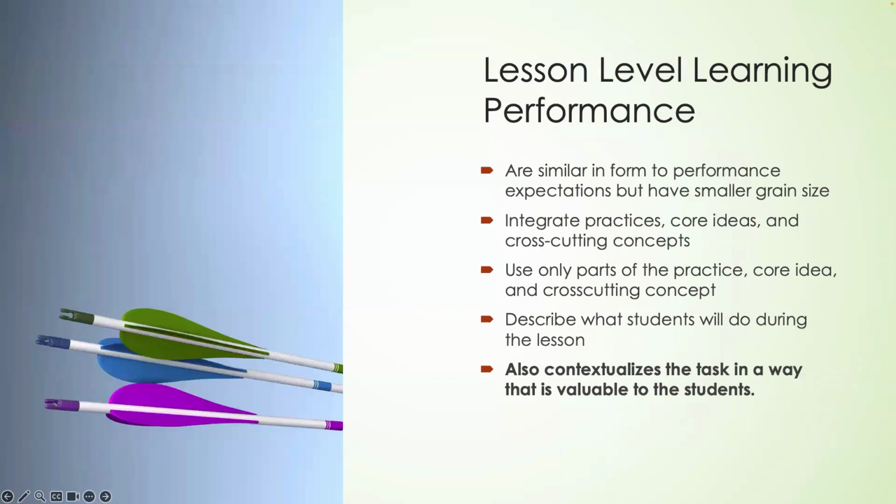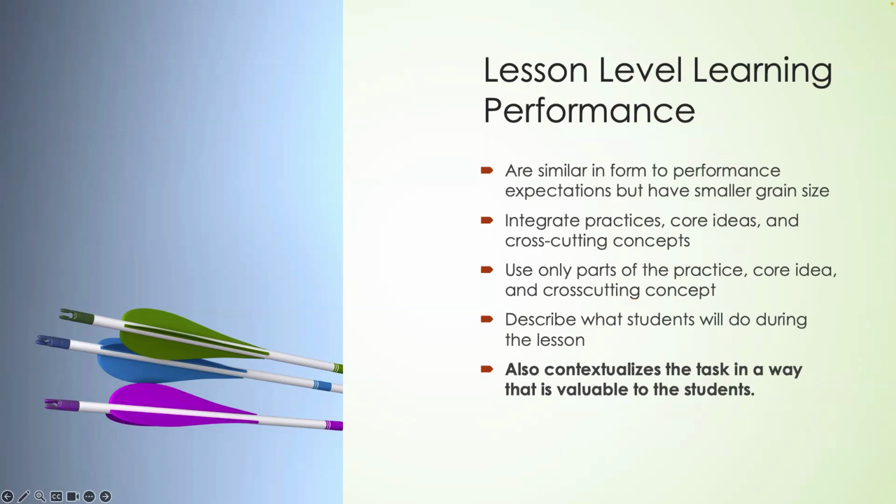Okay, so lesson level learning performances are similar to the performance expectations that you find in the framework, but they're smaller and you have to make them. You integrate the practices, core ideas and cross-cutting concepts, and you only use parts of them in your lesson. You describe what students will be doing, and you also contextualize the task in a way that is valuable for the students.